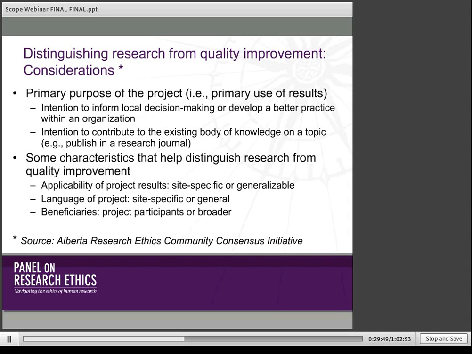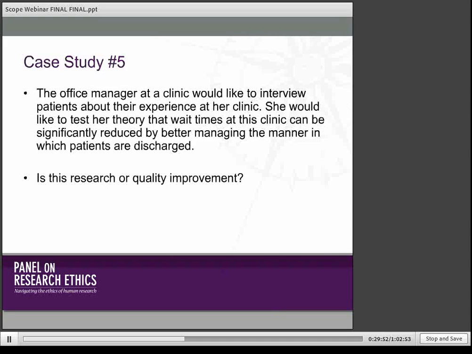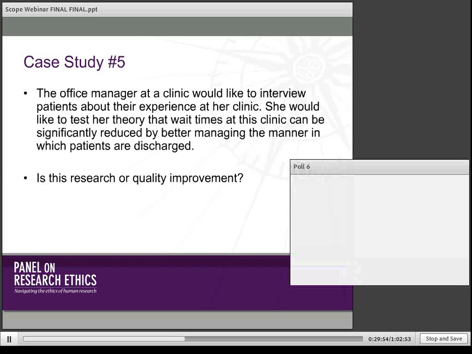Let's look at an example. I've moved to a slide entitled Case Study Number 5, and I've opened a poll that asks, is this research or quality improvement? Now, in this case study number 5, again, I'm giving you very sparse information and asking you to tell me whether this activity is research or quality improvement.